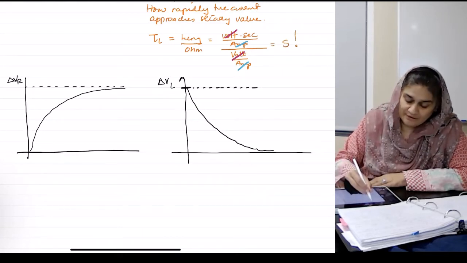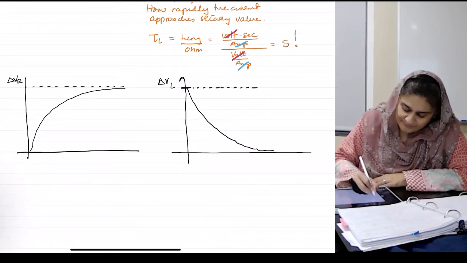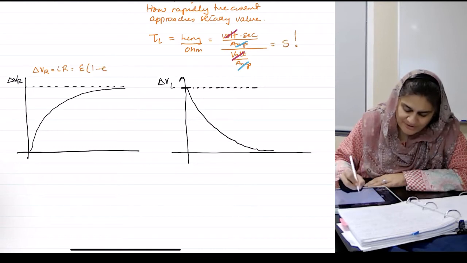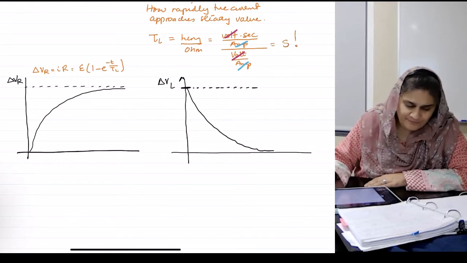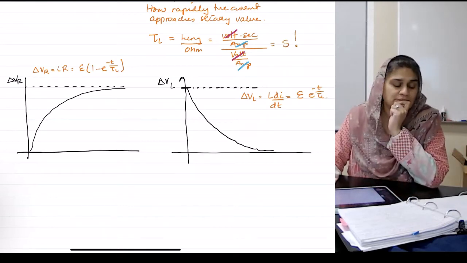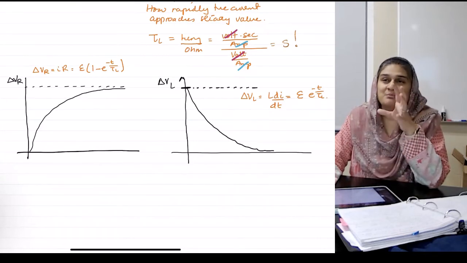Where delta VR mathematically is given by IR or E(1 minus e to the minus t over tau L), and delta VL is L dI over dt or E e to the minus t over tau L. There's literally like one step in between all of this.